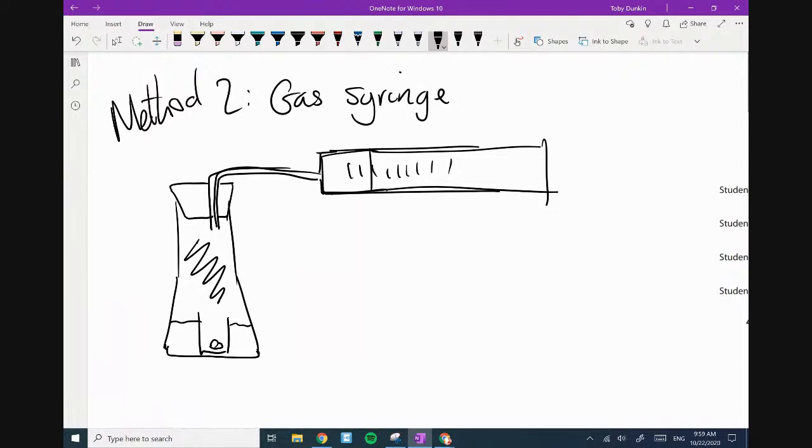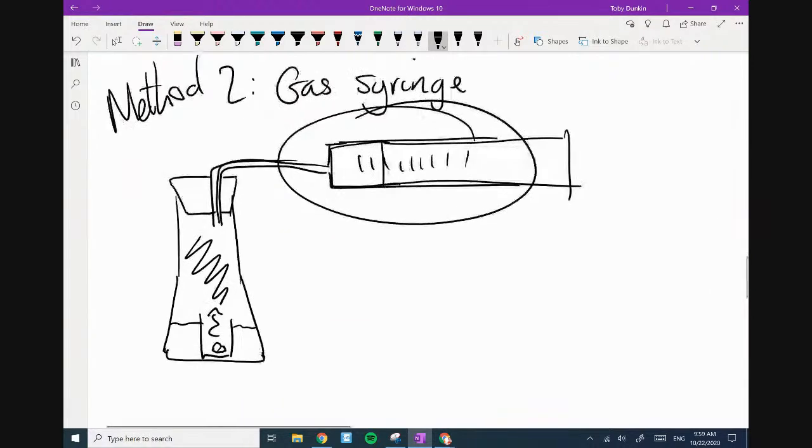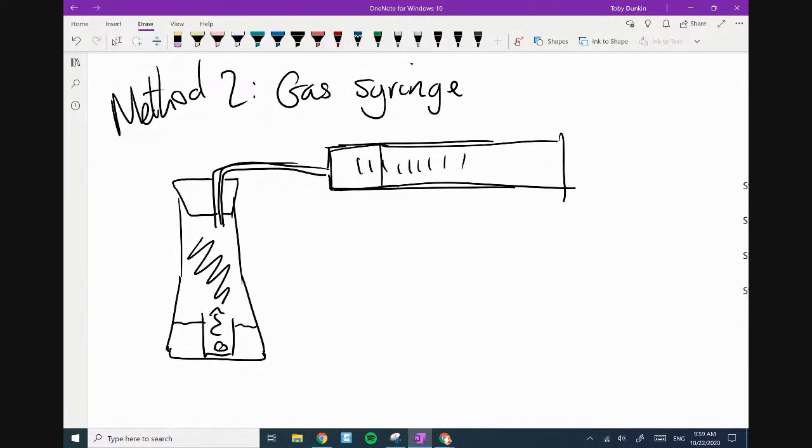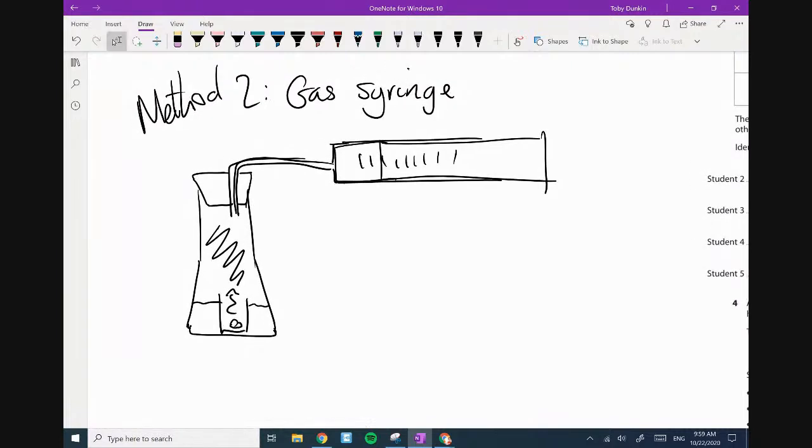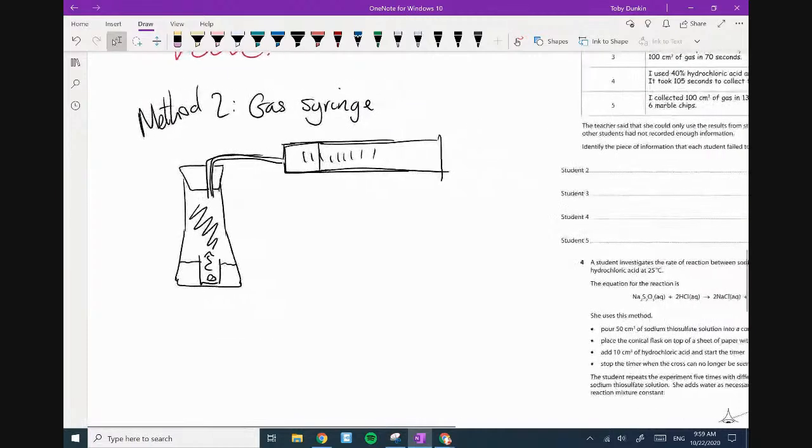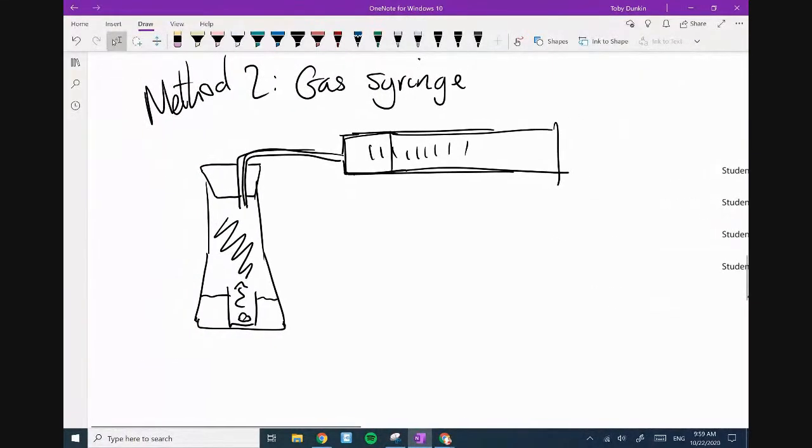The reason being is the gas being produced simply displaces the air that's already in the system, so you're still getting a correct measurement. But it does mean that your final sample at the end is impure. They've asked that one as well, so you always get an impure sample of gas whenever you do this practical, but you're not trying to sample the gas. What you're trying to do is measure the volume made per unit time. So it's fine to do that.